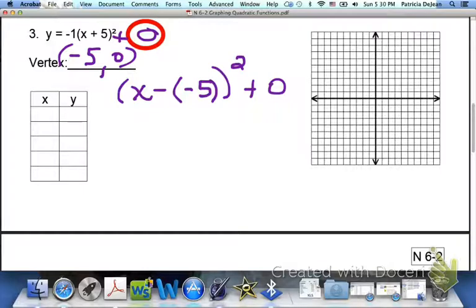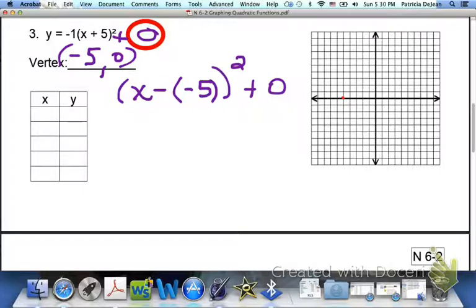Let's go to negative 5. Make it a little bigger so we can see it better. 1, 2, 3, 4, 5, and 0. Okay, so we have negative 5, 0. Now let's pick points again around the vertex.